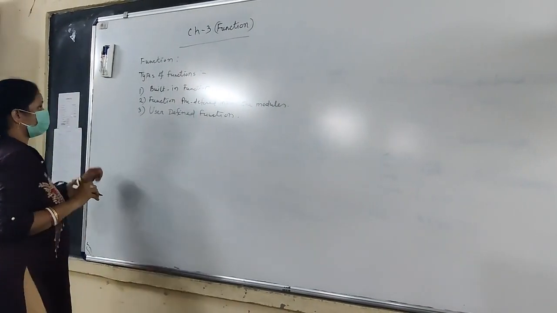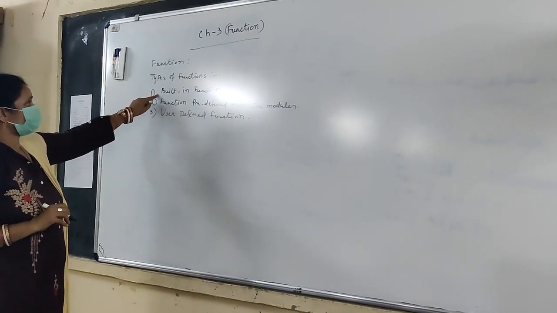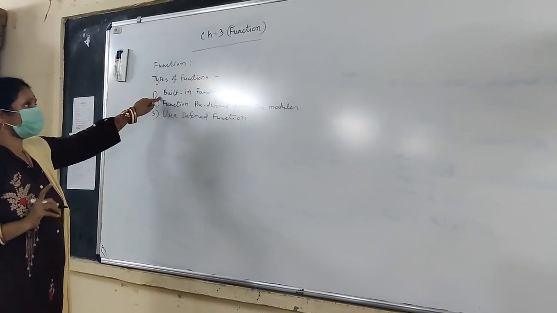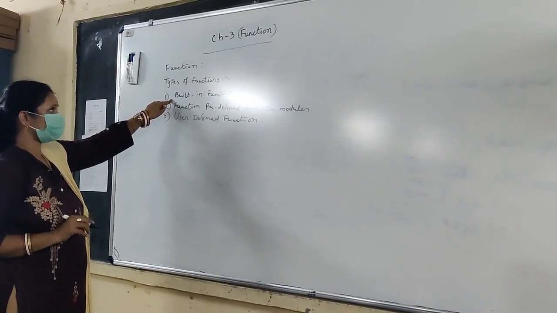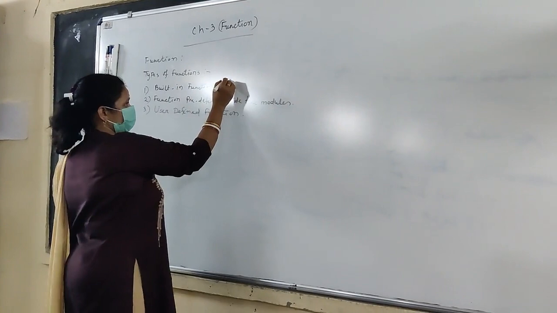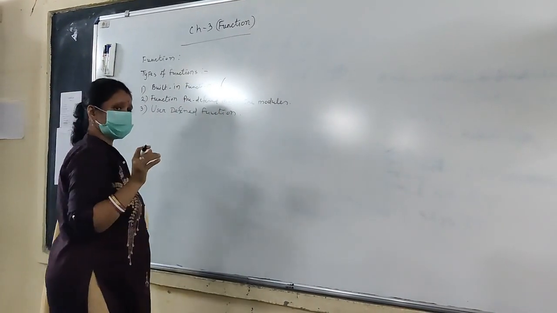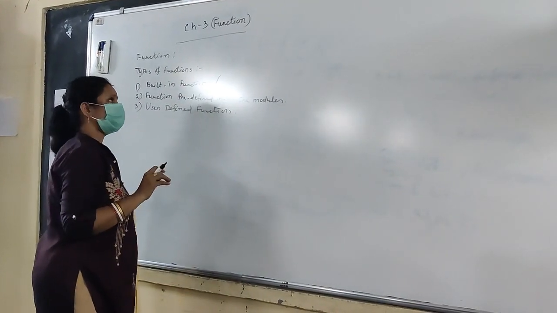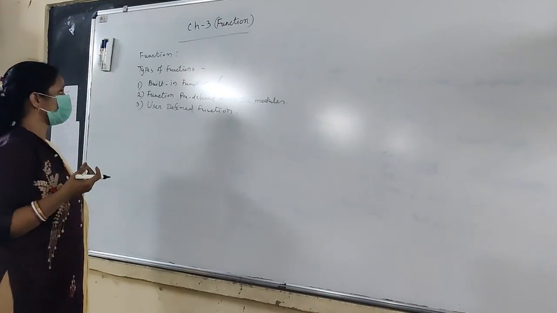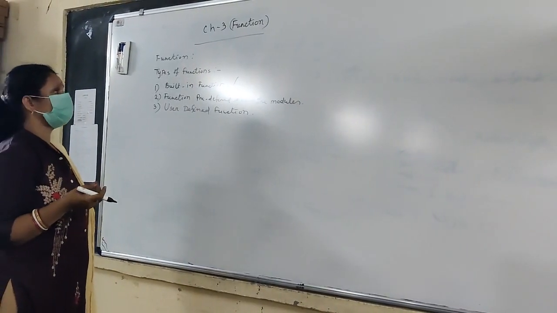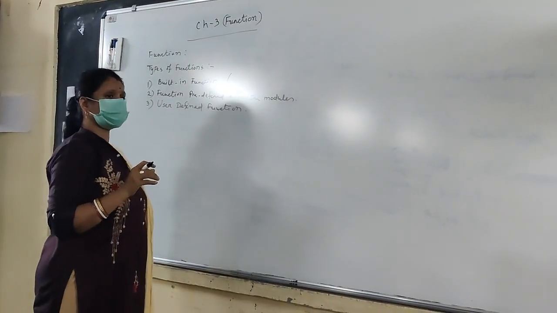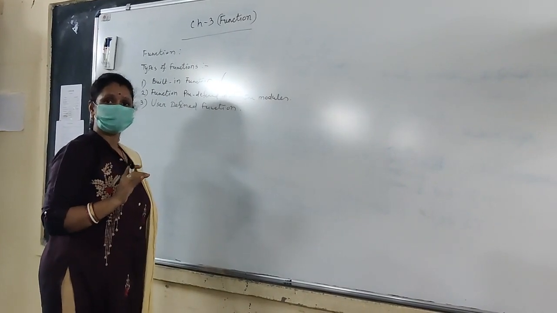Let us discuss the first category, that is built-in type of function. You already know these functions are available in Python, and when you use these built-in functions, we need not import any extra module to our program.